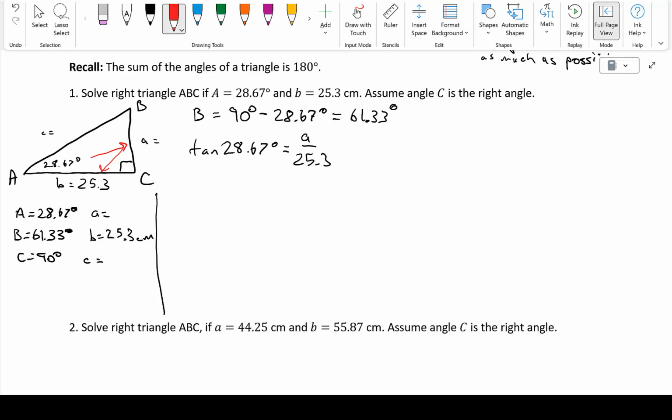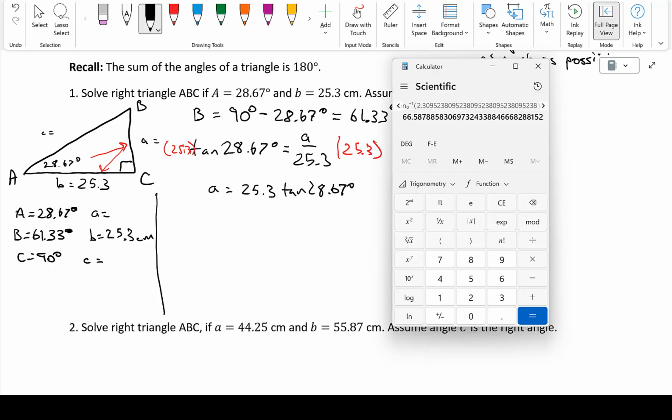If we multiply both sides by 25.3, we find that little side a is equal to 25.3 times tangent of 28.67 degrees.